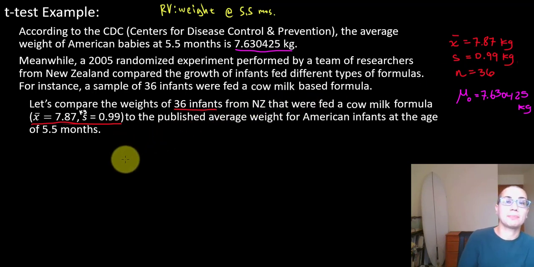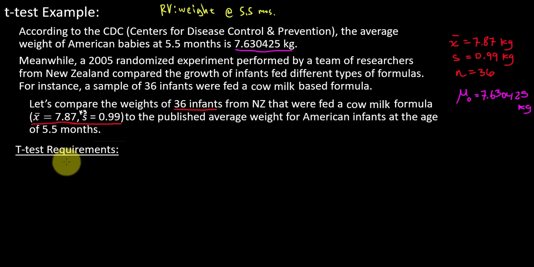Let's talk about some of the testing requirements for a t-test. We saw that for a confidence interval for a mean, there are certain requirements, and those are essentially the same here for the t-test. We need to have a random sample or a randomized experiment, and we were told that that was the case here.